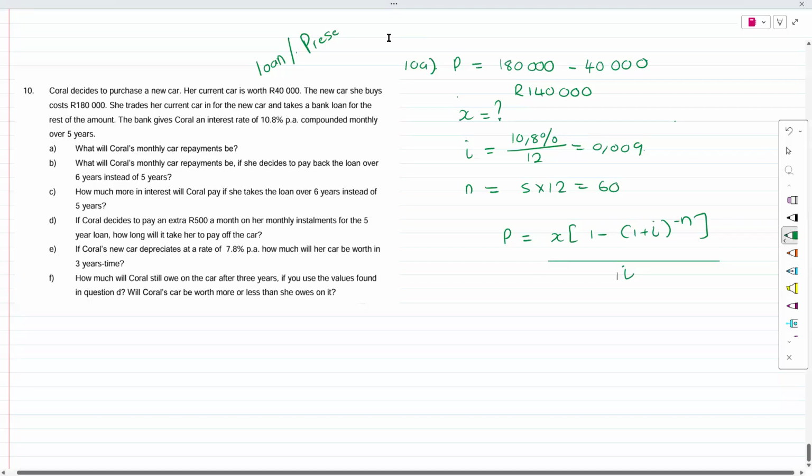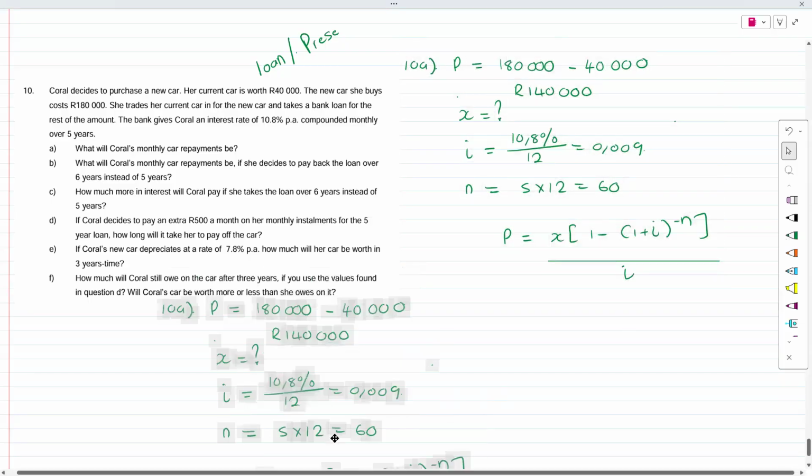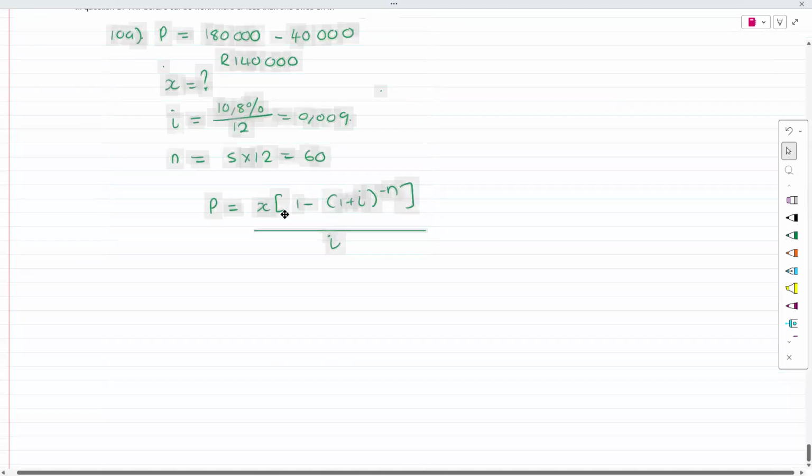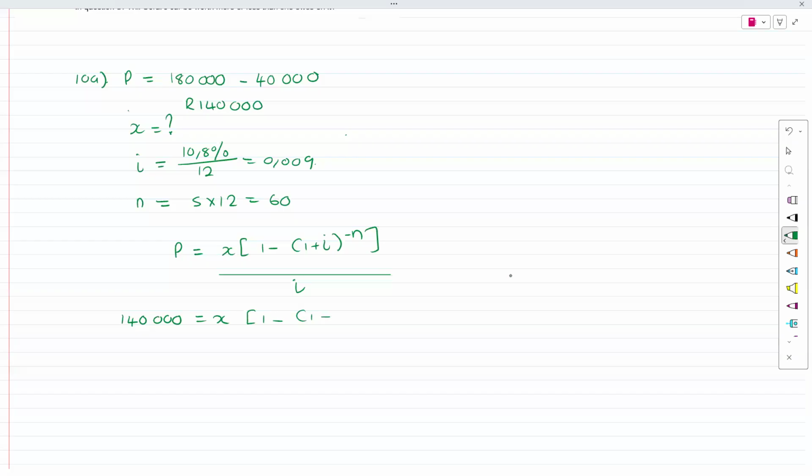Now, algebra wise, you guys need to remember how to solve because it's really important. Algebra is going to really carry you guys in math. So this is 140,000 equals X into 1 minus 1 plus 0.009 to the power of negative 60.